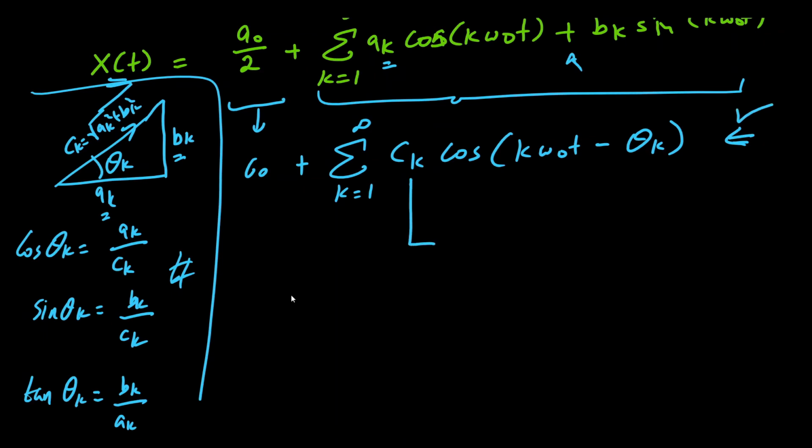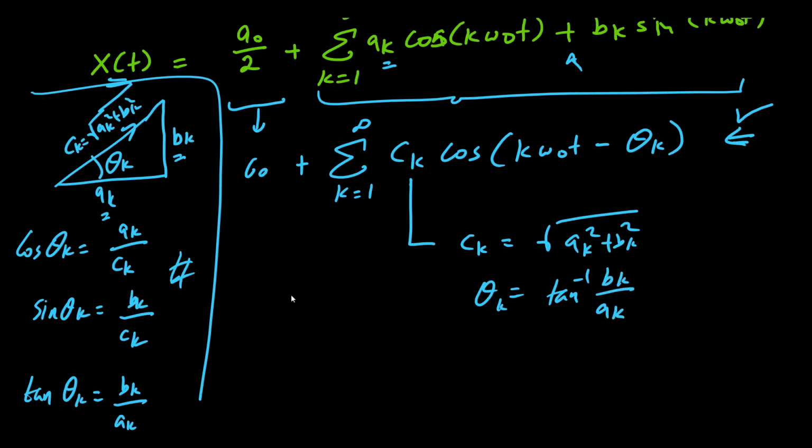So ck is under root ak square plus bk square, and theta k is tan inverse bk by ak, coming from here. And this is something that we call the compact trigonometric series.